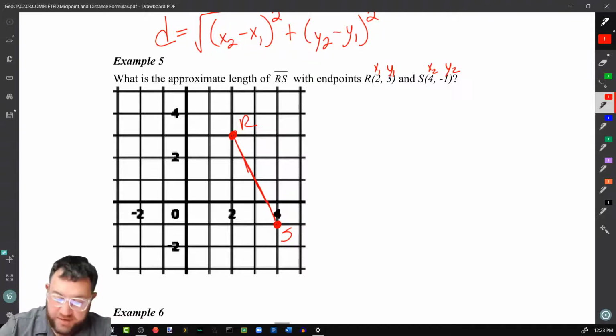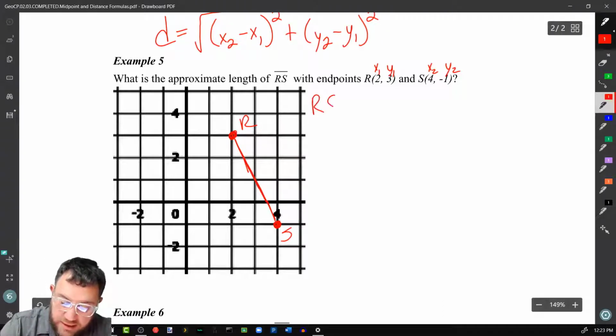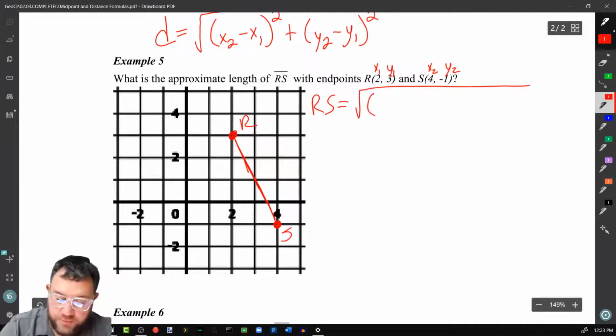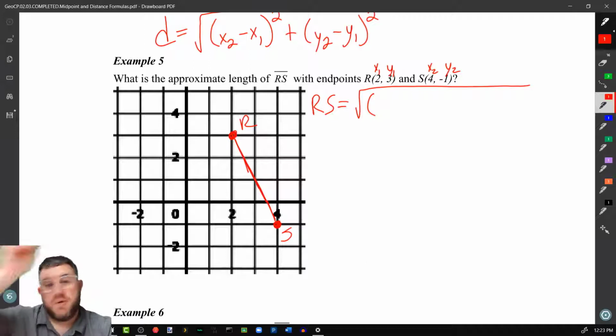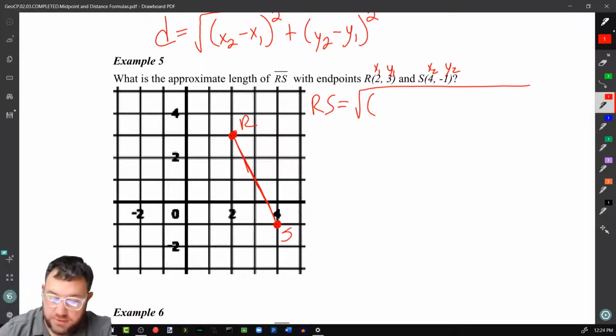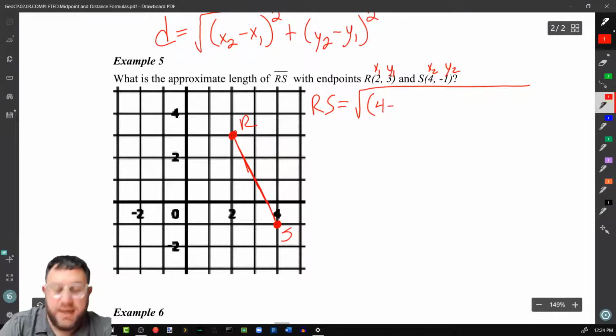So let's plug everything in. We'll say the length of RS equals, take a big square root sign, put your parentheses in. x2 was 4, x1 is 2, square that.